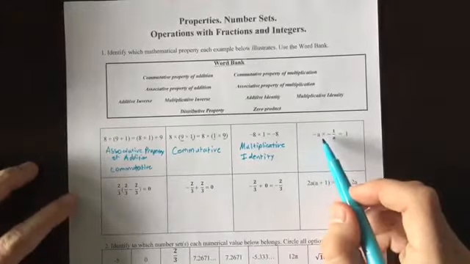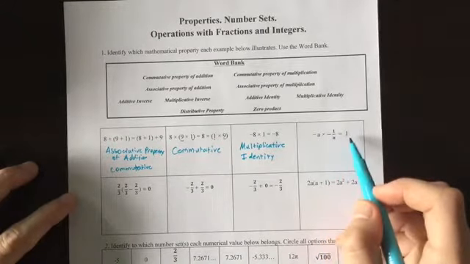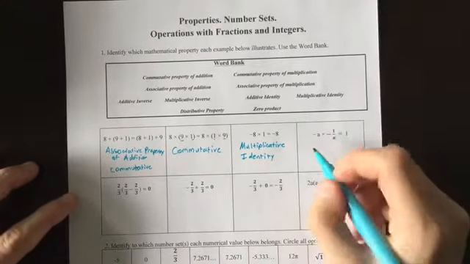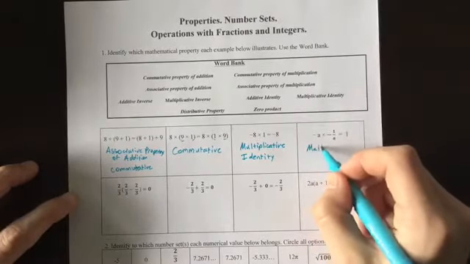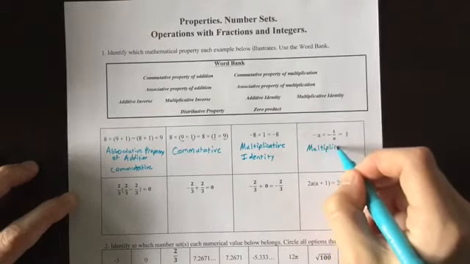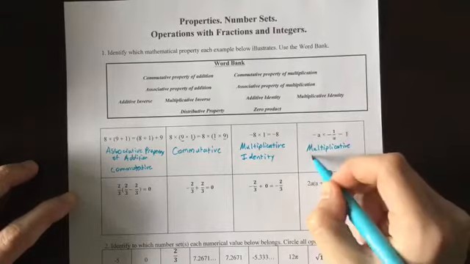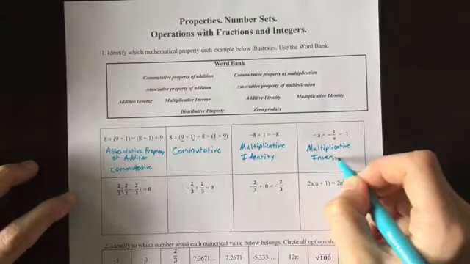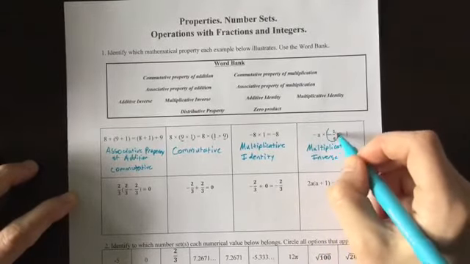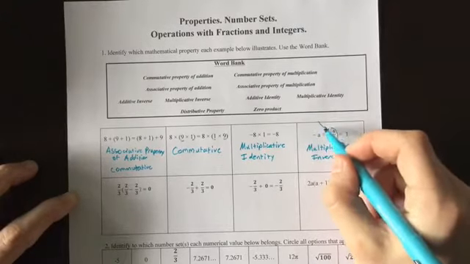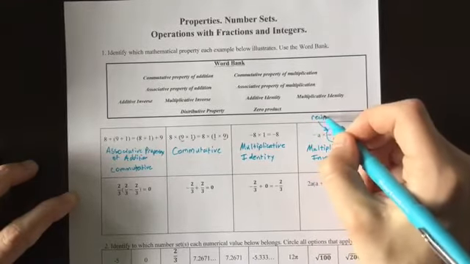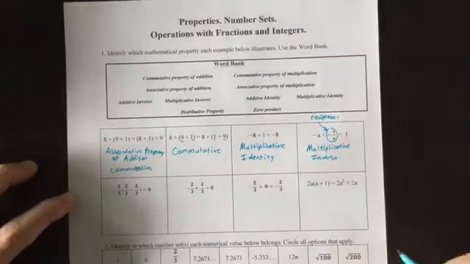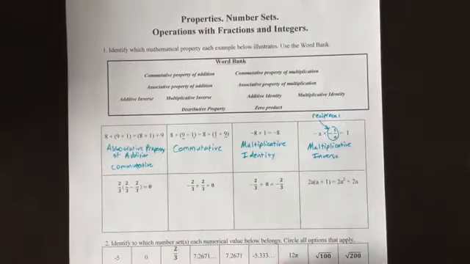Here, negative a times negative 1 over a equals 1. That's where we see our multiplicative inverse. And that number itself is the inverse. A lot of times we use the word reciprocal to refer to that.